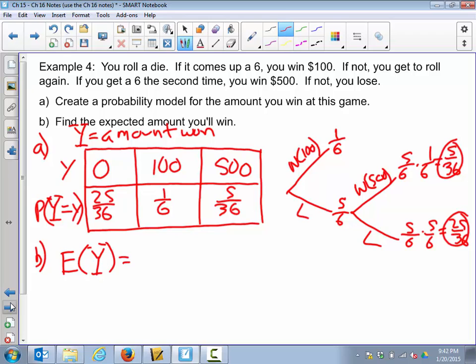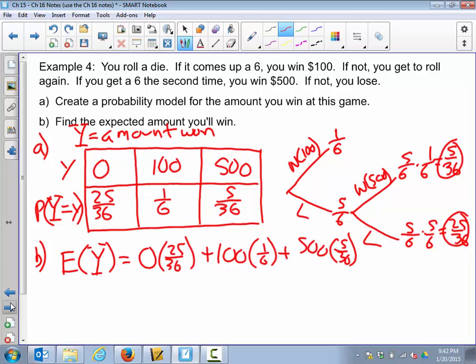In B, we're going to find the expected value. So the expected value of our random variable y is equal to first outcome, $0, times its probability, plus second outcome, times its probability, plus third outcome, times its probability. And all of this equals, it was 81?